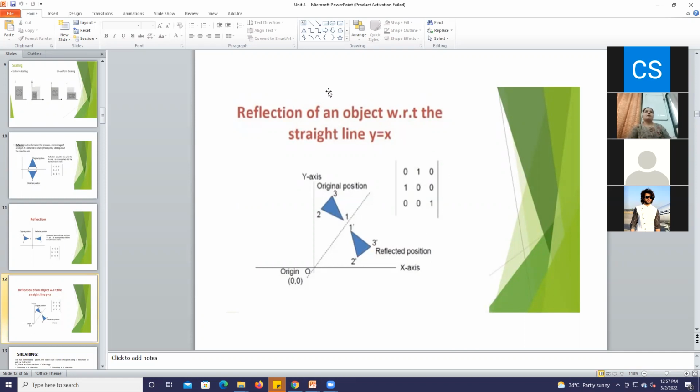And y equal to -x, what will be the modifications? Here y and x are changing as well as the signs are also changing. So for y equal to -x axis reflection, it will have this T matrix 0, -1, 0, -1, 0, 0, 0, 0, 1. That will be the T matrix for y equal to -x axis.